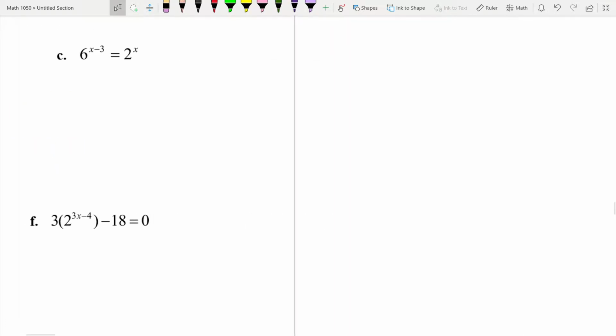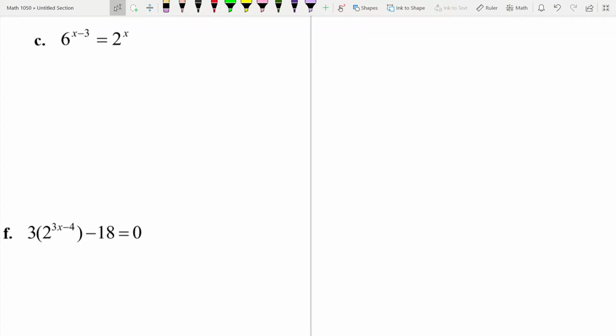Look at question C. This is important, and it's not going to be easy, so I want you to watch. If I could do this, guys, look. If I could go 2 to this equals 2 to that, then I would know that this and that are equal to each other, and I could go from there. So what you do is you take the big number, that would be a 6, and you turn it into the small number, like a 2 to the first, or 2 to the second, or 2 to the third.